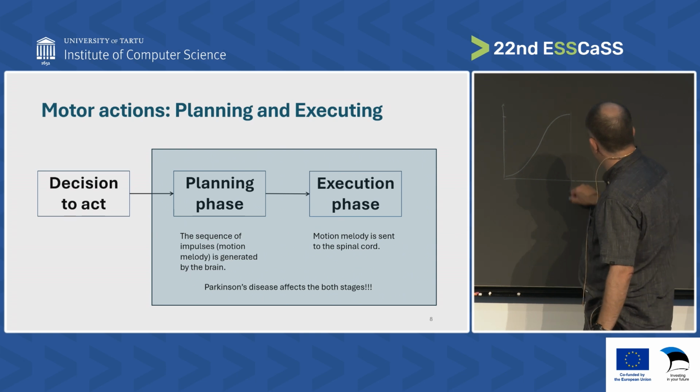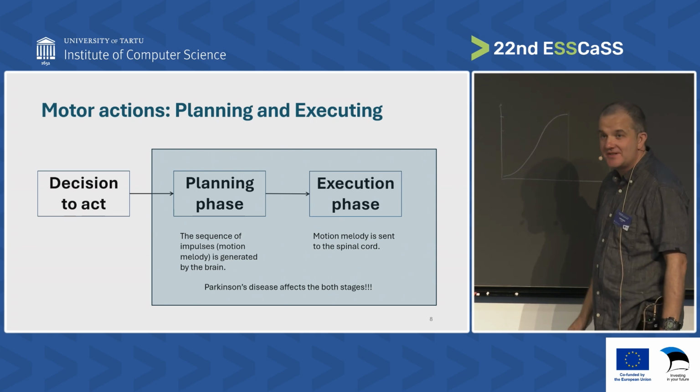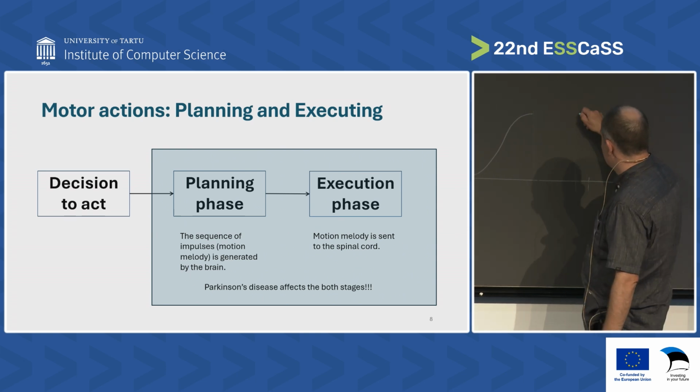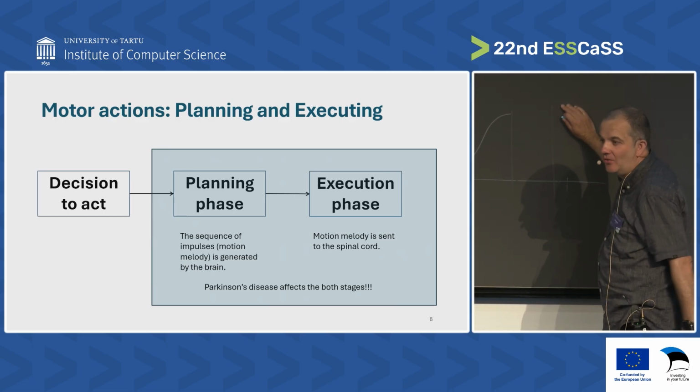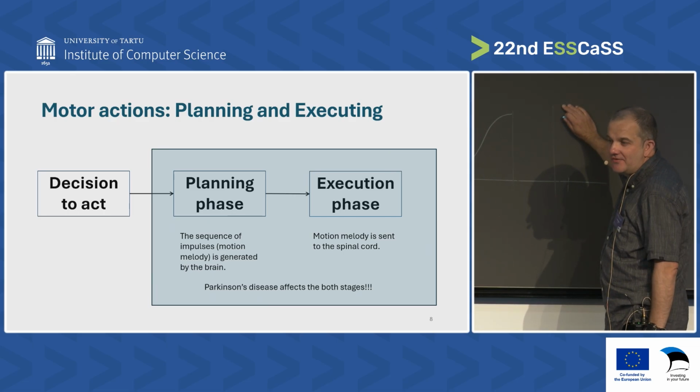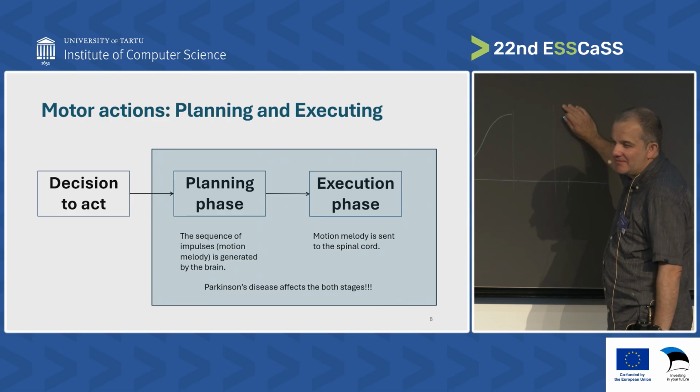Well, then we enjoy some part of life, and then unfortunately we start to age. Aging also starts to affect this planning and execution phase, but if you exercise, if you basically do your homework properly, most probably you can slow down this process.